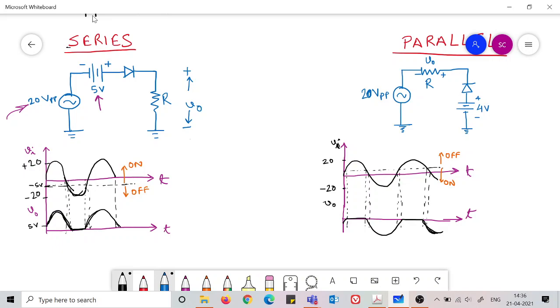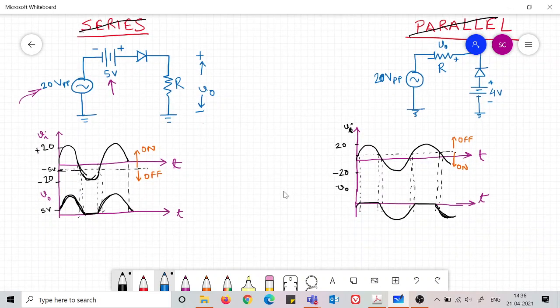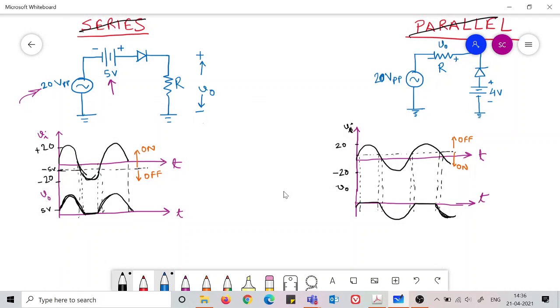Names can be anything, but it is just a circuit and you have to analyze it. Any circuit you are given, you should be able to analyze. The first thing you need to understand is the region of the input voltage for which the diode is forward biased and for which it is reverse biased.